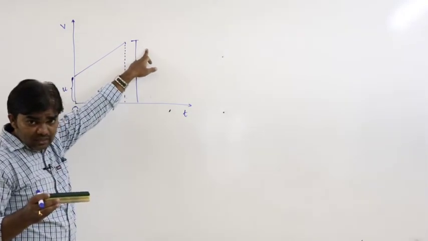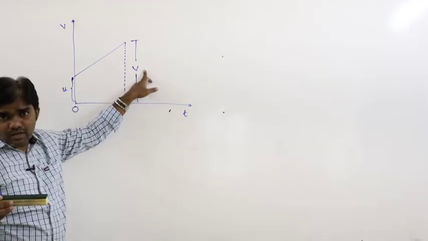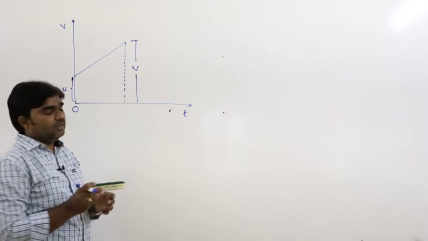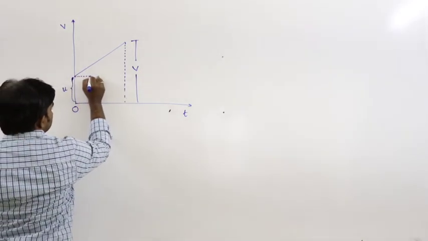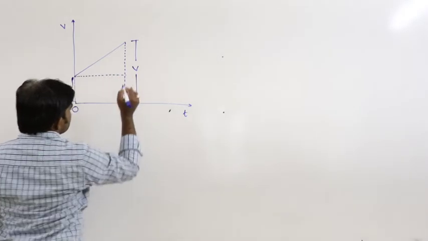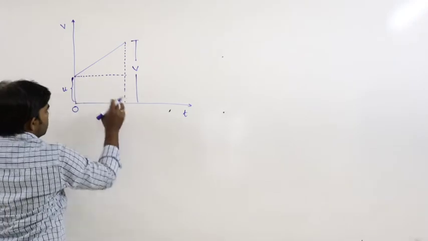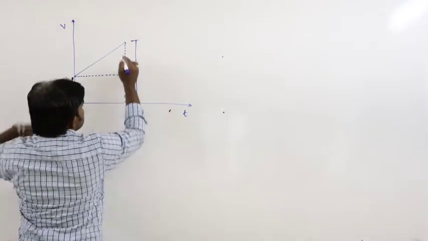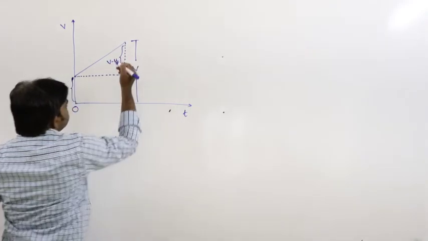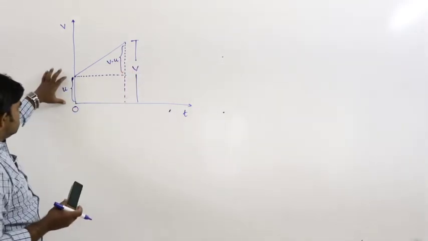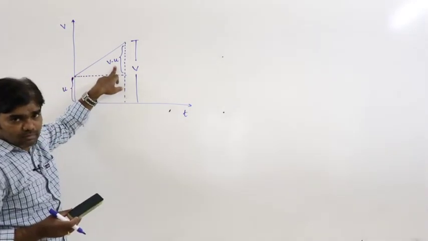I am considering after certain time its velocity is v. So this is u and this total is v. The remaining thing is v minus u.